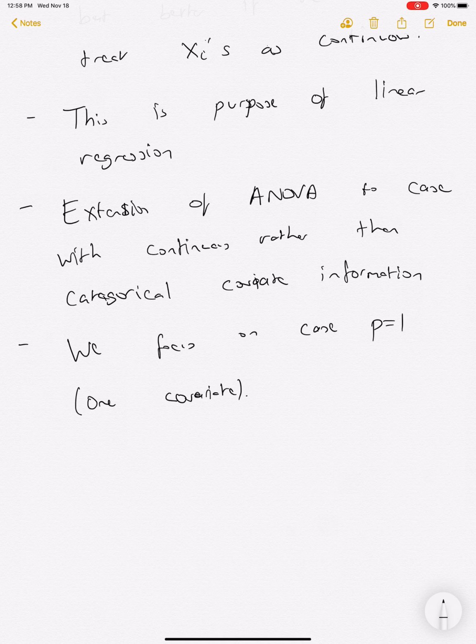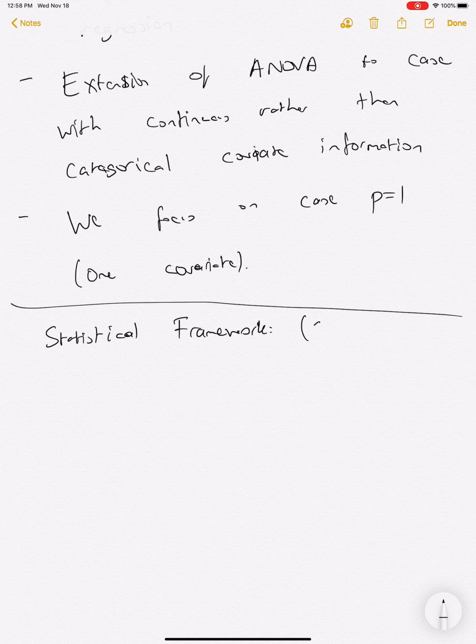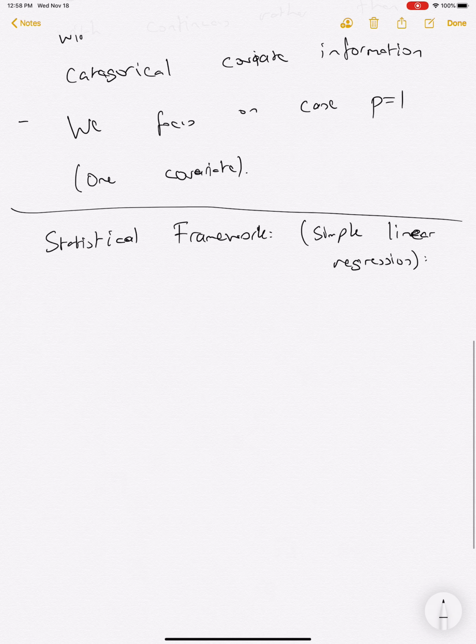So just to go back again to the statistical framework. This is where we're going to talk about simple linear regression, and by the end of these couple of lectures, we're going to be able to understand simple linear regression in the context of the statistical framework. One thing that we have here again is the data: xi, yi, i equals 1 to n, where n is the sample size.